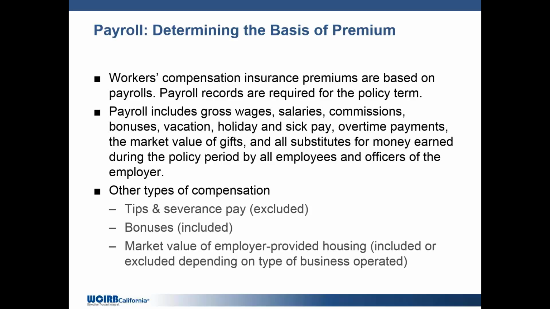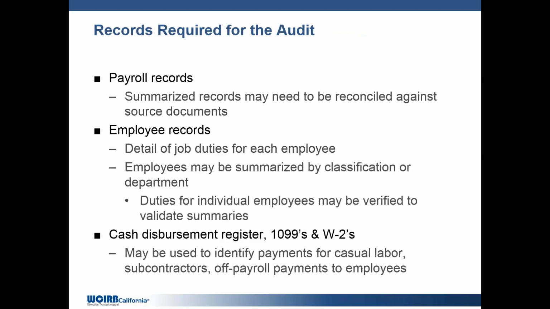In addition, there's housing that is provided. If there's a market value to that, depending on the classification we're looking at or the type of business operated, that may or may not be included. And so what you have to do is refer back to the phraseology for the classification to determine whether or not that would be picked up at the time of the final audit.